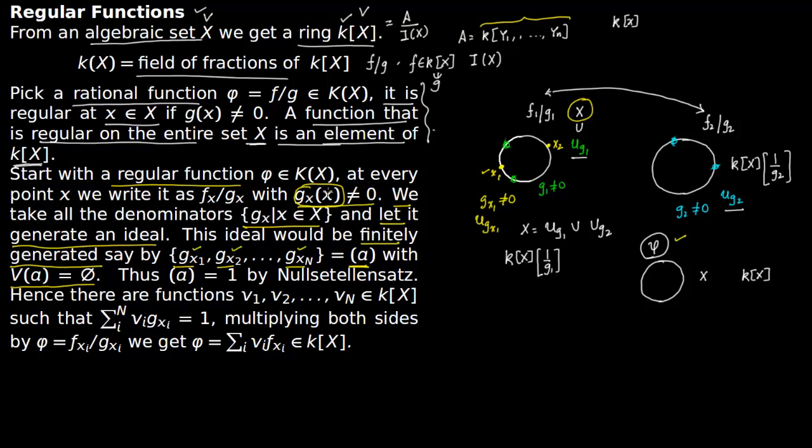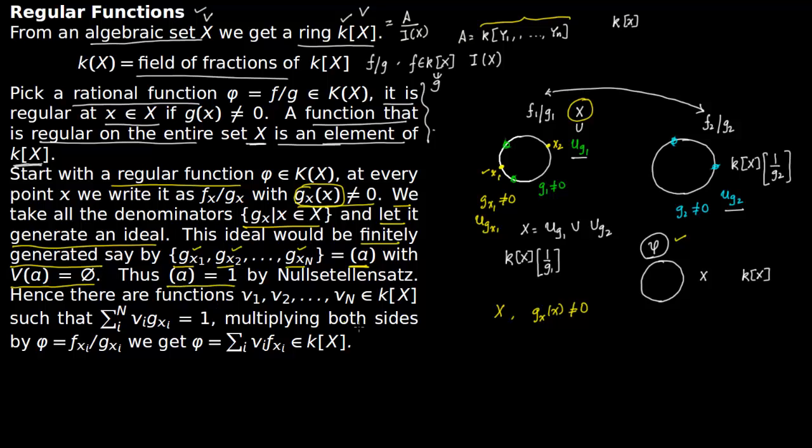Since this function which lies in this ideal does not vanish on the algebraic set X, the vanishing set of A is the null set. This function just does not vanish. So by Nullstellensatz, this A generates 1.